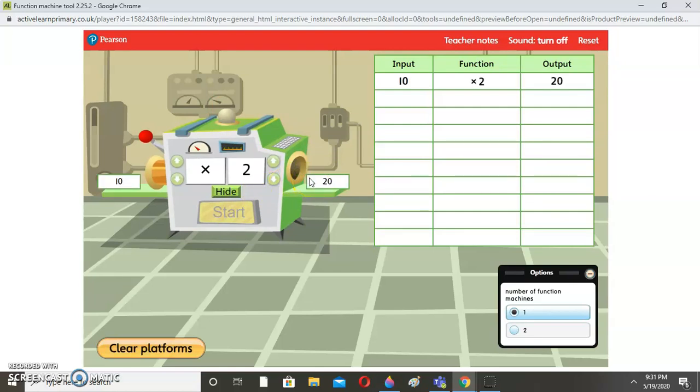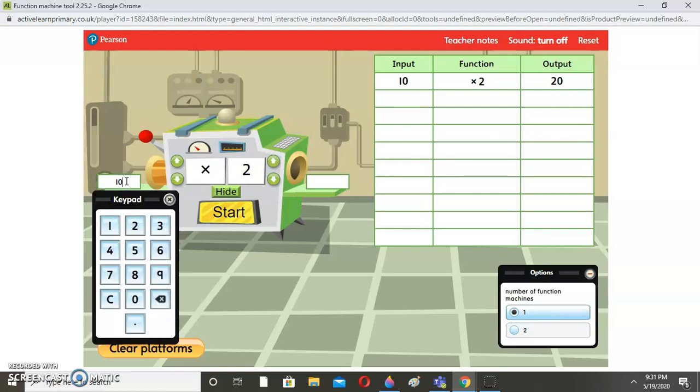So what is double 20? Let's find double 20. Okay, and start. Now let's try another number like 23. So let's find double 23.